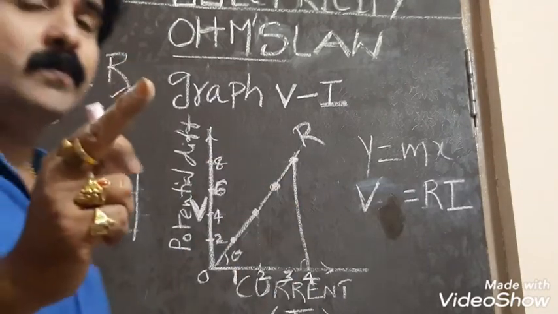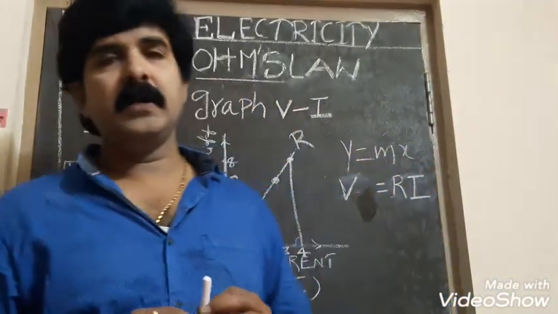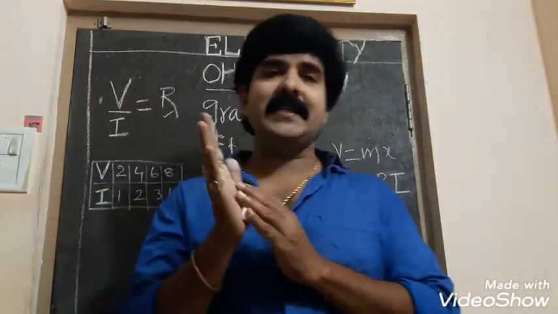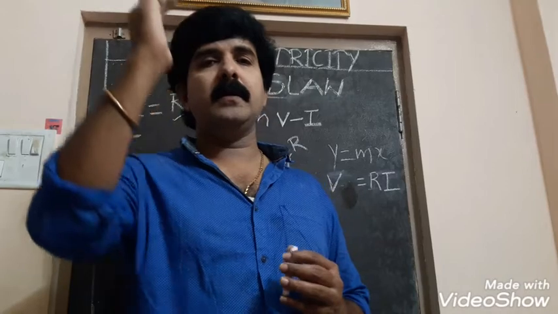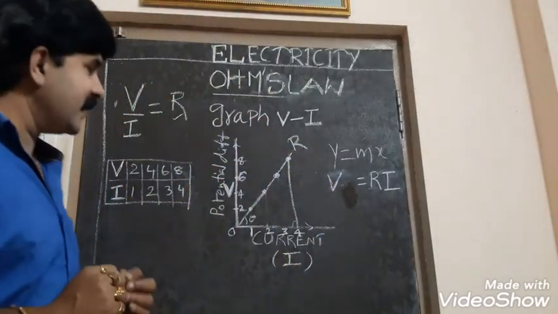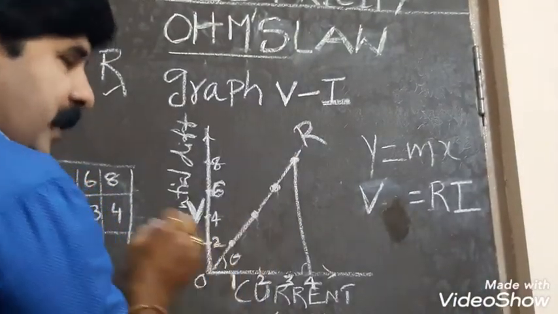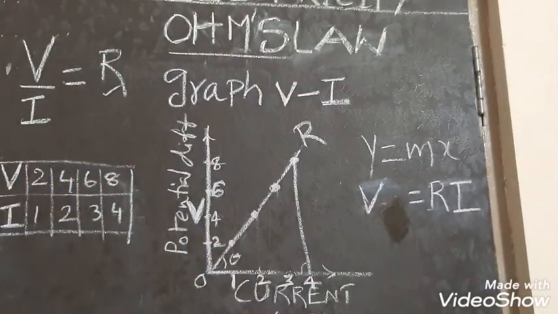I already told you in my trigonometry classes in mathematics, what is tan theta? Tan theta is nothing but opposite side by adjacent side. For anything, the slope is indicated by tan theta.